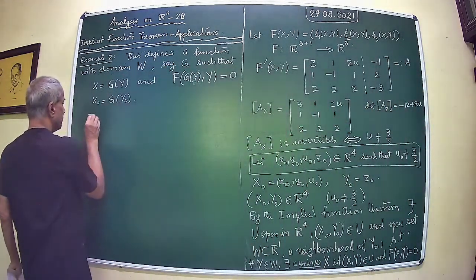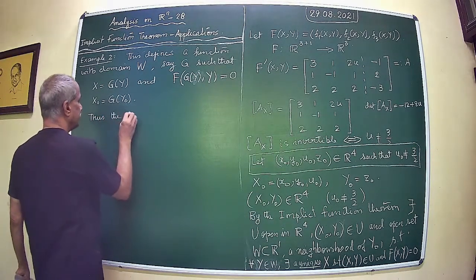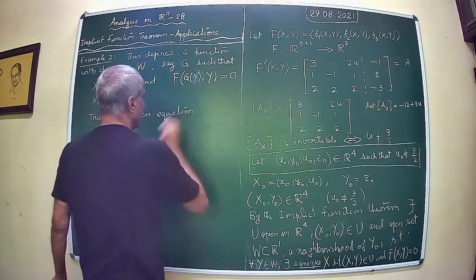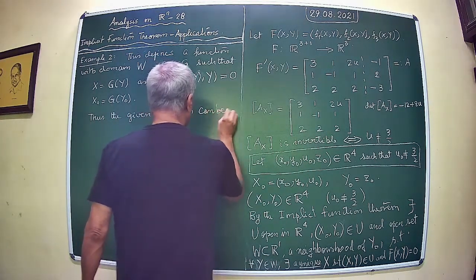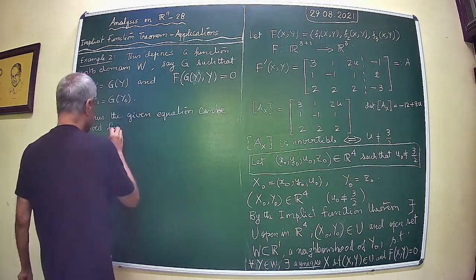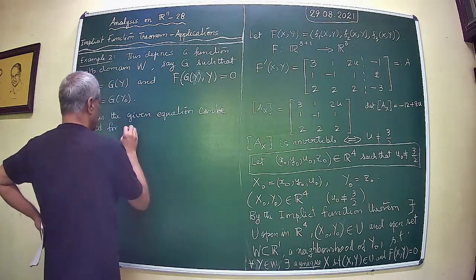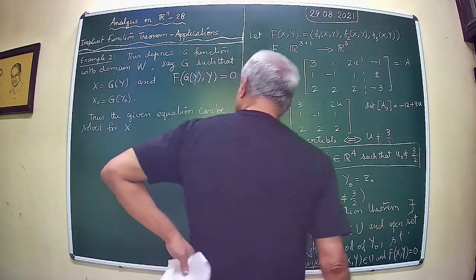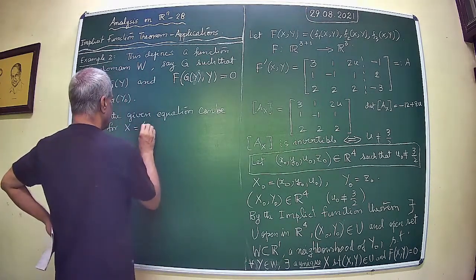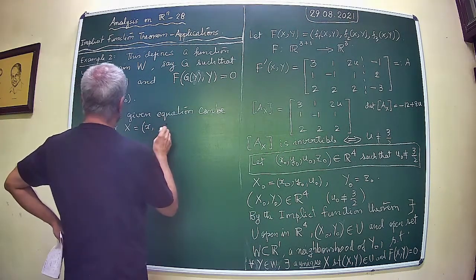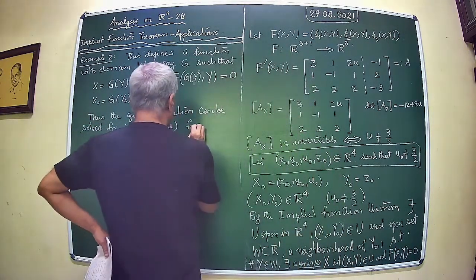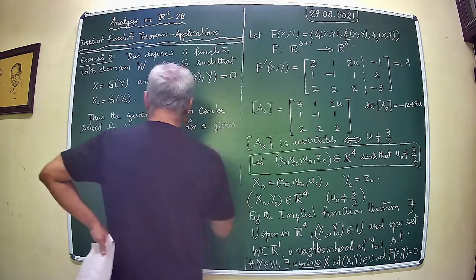Thus the given equation can be solved for x is equal to x(y, u) for y.